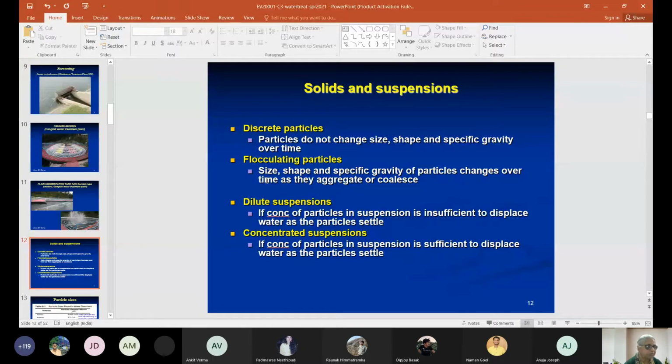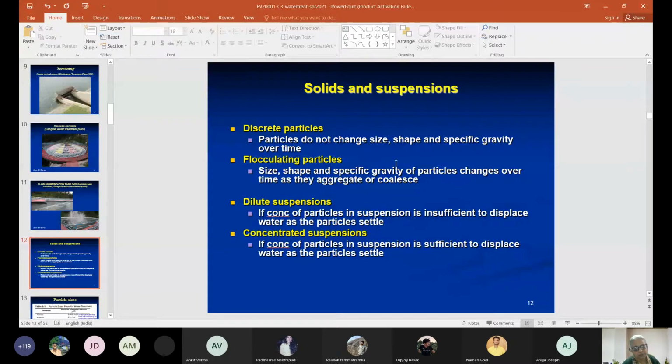You know that clay and silt are very, very fine in nature. Now, even though they are much heavier than water, their small size and what is called electrostatic stabilization... I'll come to that point later. But the small size and the negative charge on the surface makes them, depending on the environmental conditions, either repel each other or aggregate.